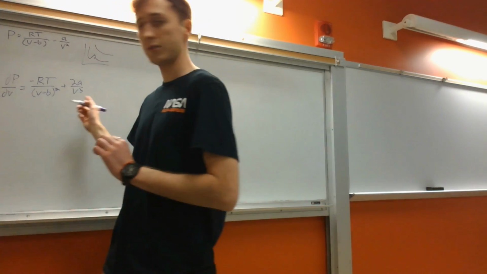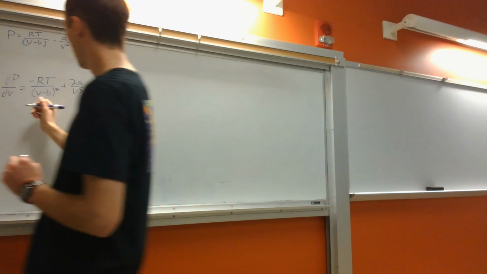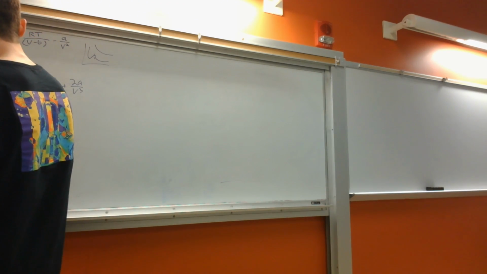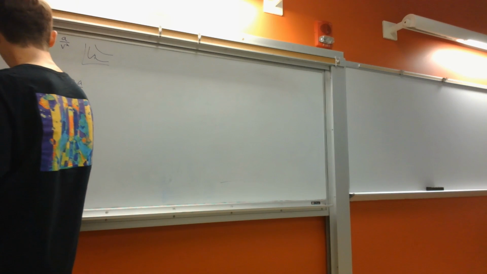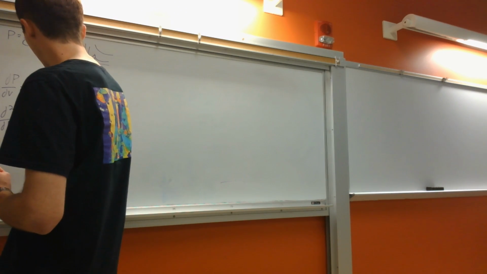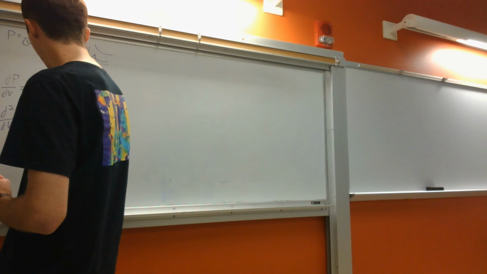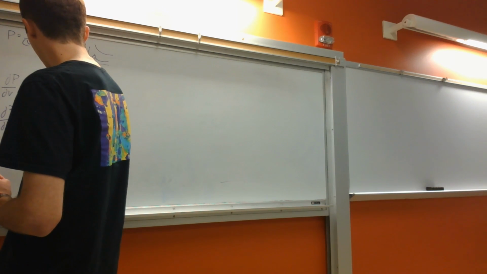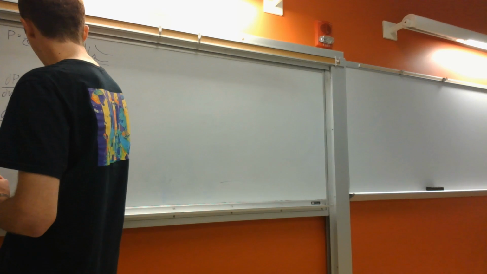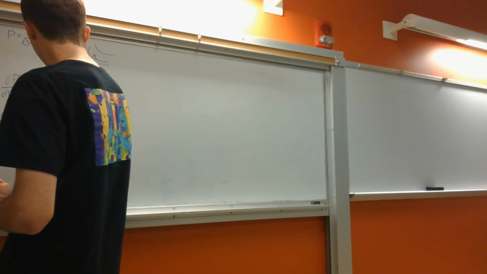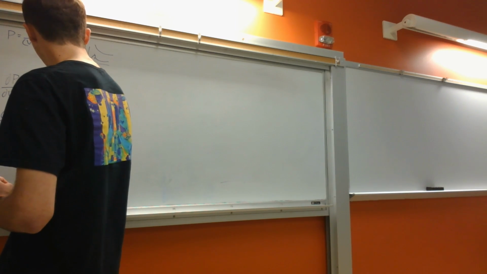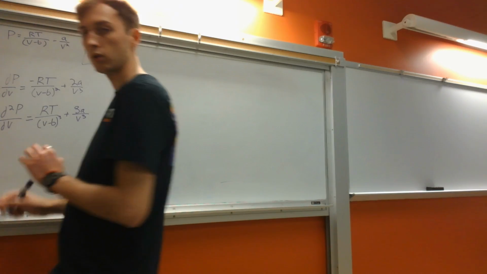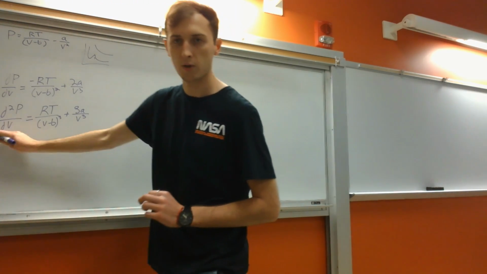And breaking this down one more step, the second derivative, d squared P over dV squared, is equal to positive 2RT over V minus B cubed plus 3A over V to the fourth. I think everybody can see that.